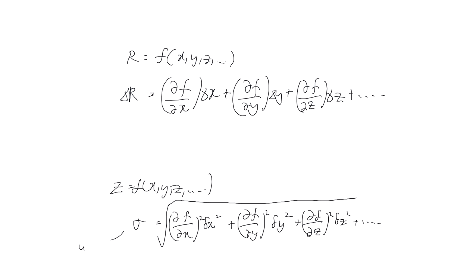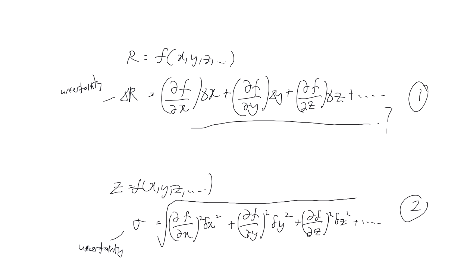Okay. So this is an uncertainty. This is also an uncertainty. So how can we end up with this? Mathematically both are valid, okay, but examples show that if using the first approach, the top one, your uncertainty is bigger than if you use the second approach.